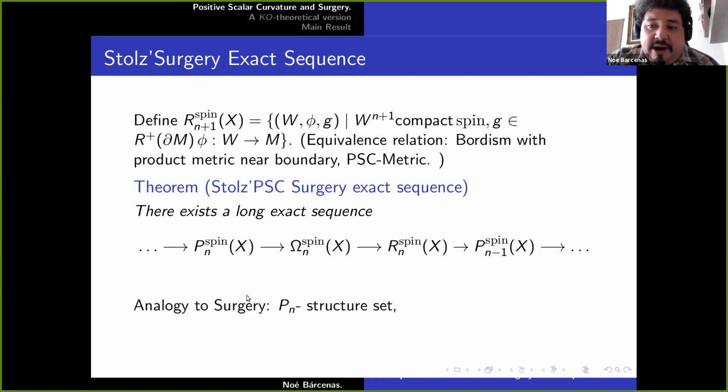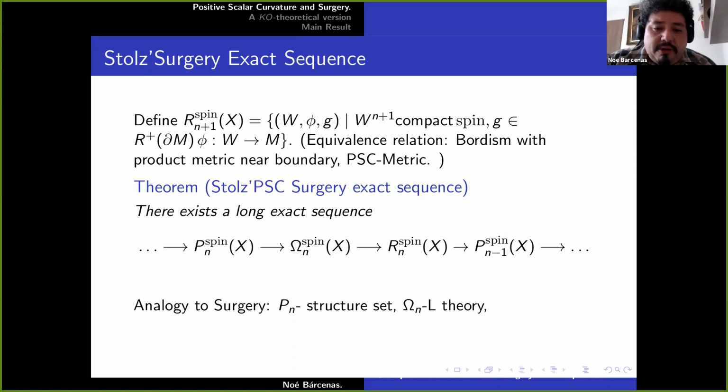So this is an analogy to the surgery exact sequence. Pn, this group of positive scalar curvature bordism, is a kind of structure set.